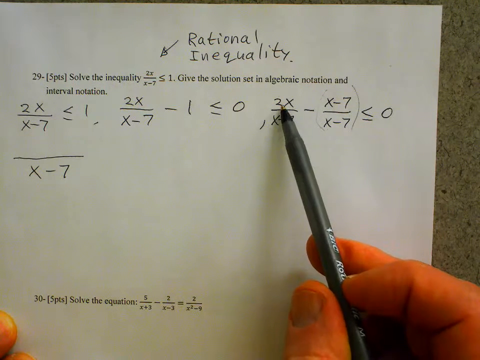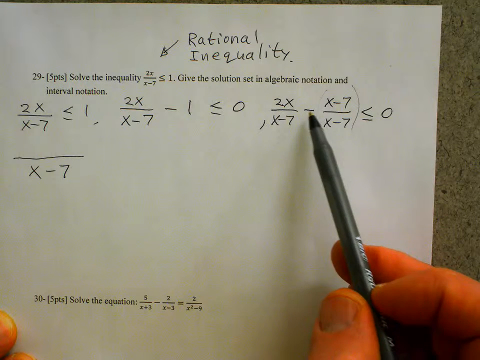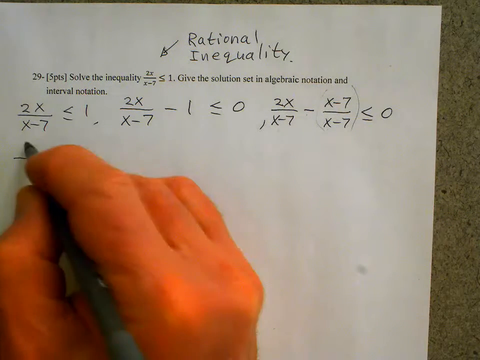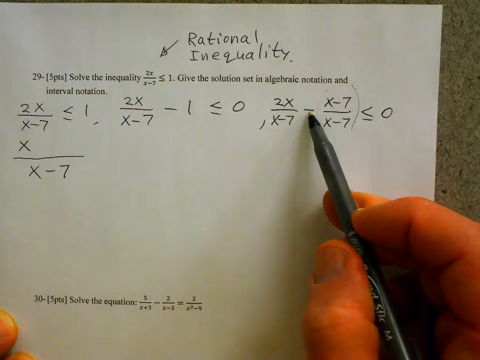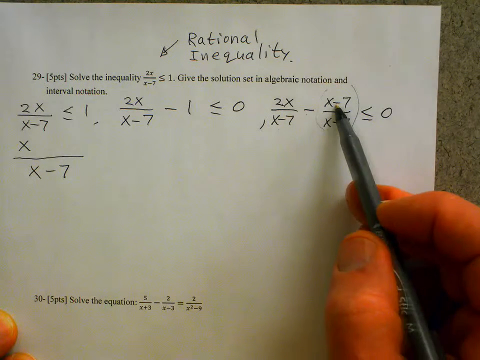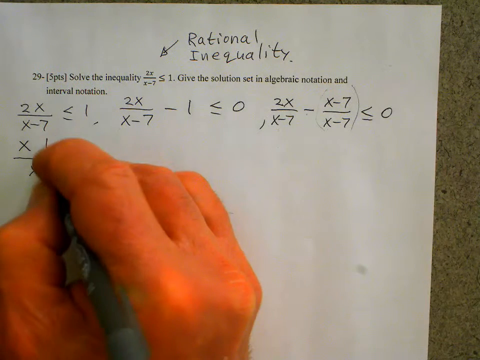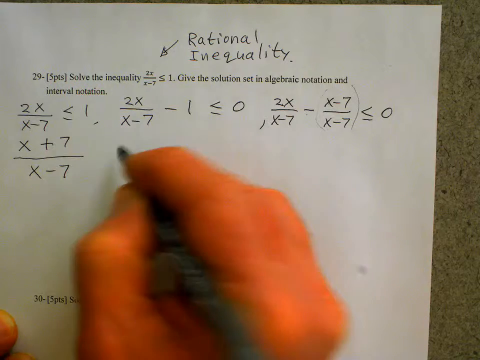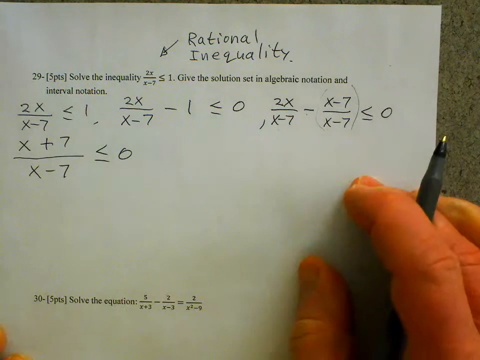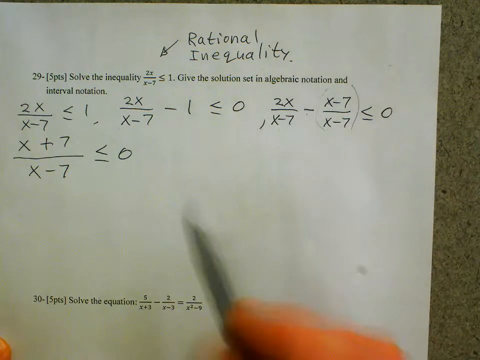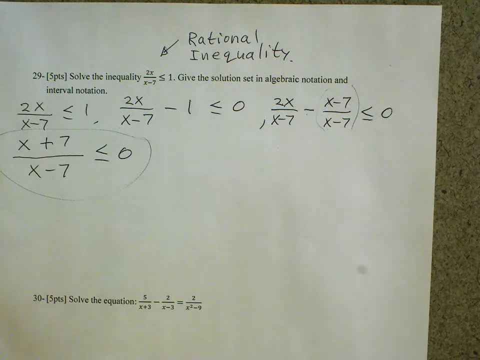The numerator is 2x minus x, which is x. But we're also subtracting negative 7, which is plus 7. Okay, so now we have a rational inequality set up the way that we want it.